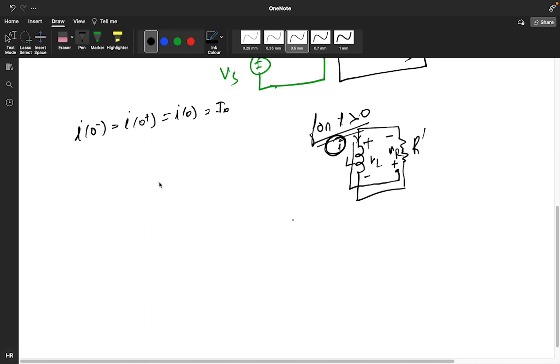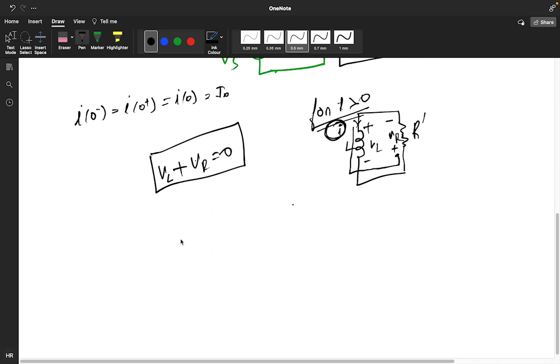So what will be the equation? V of L plus V of R equals 0. I have just applied the KVL. You will understand each and everything, just have patience. V of L plus V of R is equals to 0.